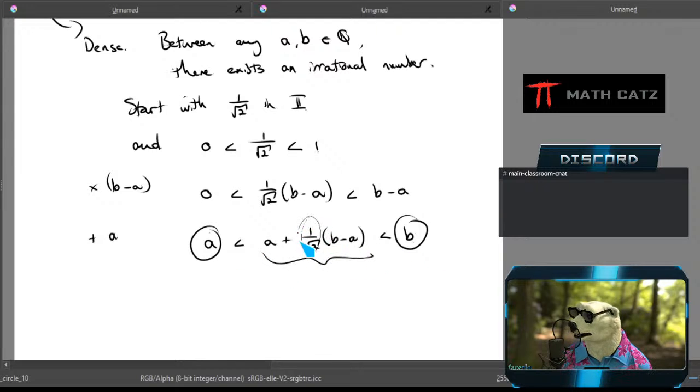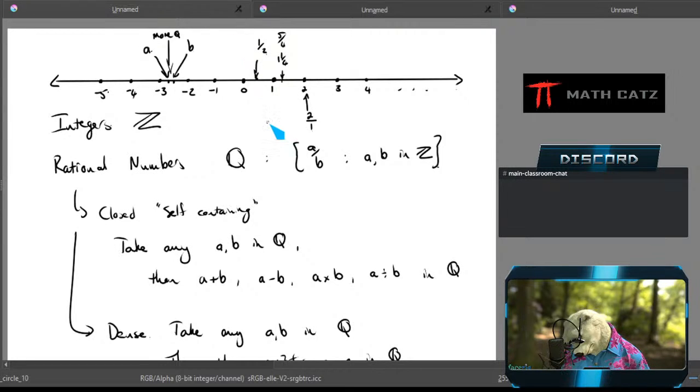And because this is, we call it a linear combination, a calculation involving an irrational number, this is an irrational number. So between any two rational numbers, there's another irrational number. Actually, many more. And between any irrational numbers, there sit more irrational numbers, but that one's a little bit messier.